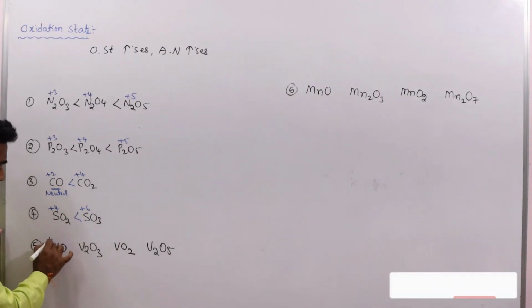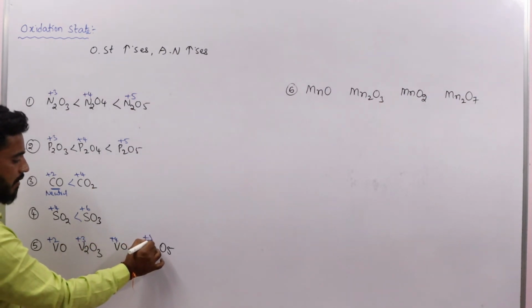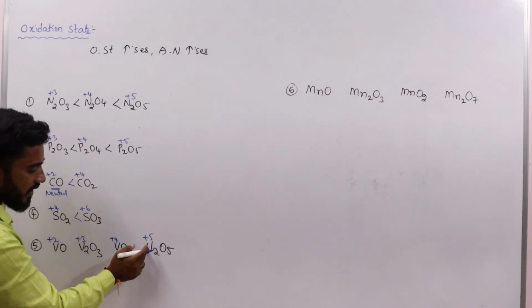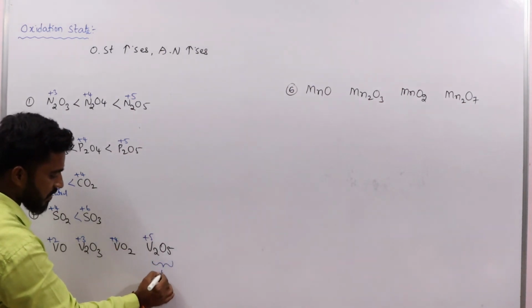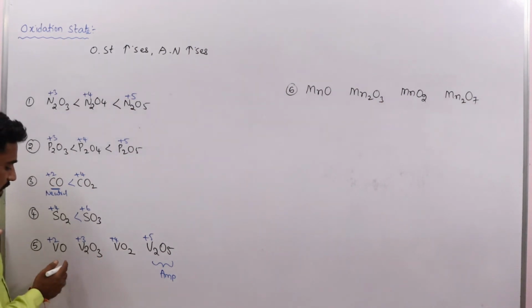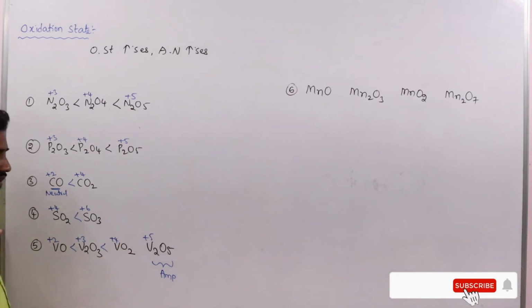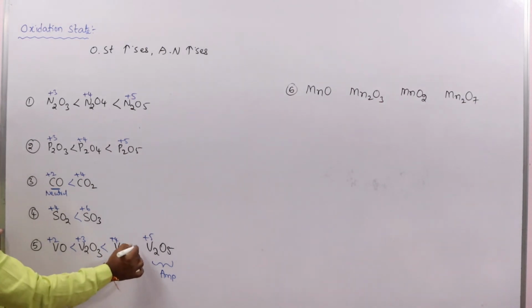Here vanadium is +2, +3, +4, +5. We already know that vanadium with +5 oxidation state has amphoteric nature, but for the remaining, this is the increasing order of acidic nature.